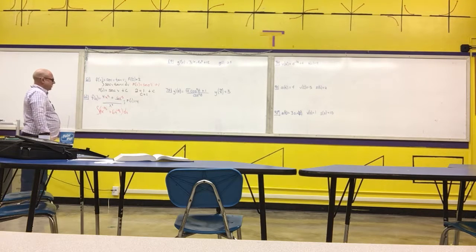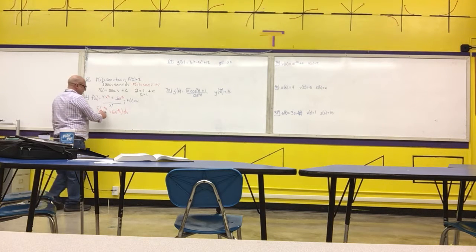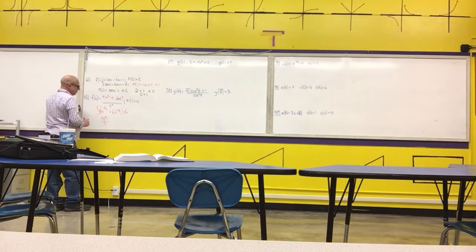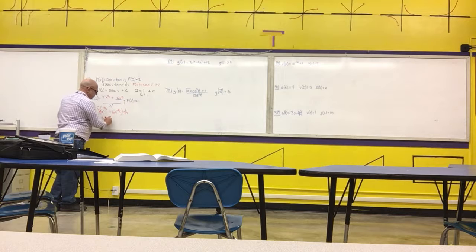So I'm going to do the antiderivative, add 1 to the exponent. That's going to give me x to the negative 1/2, times 4, divided by negative 1/2. Add 1 to the exponent. That gives me negative 3/2. Divide by the new exponent. Plus C.